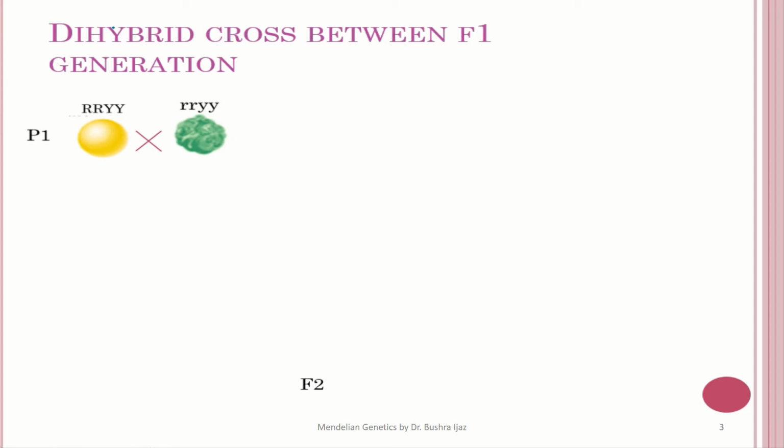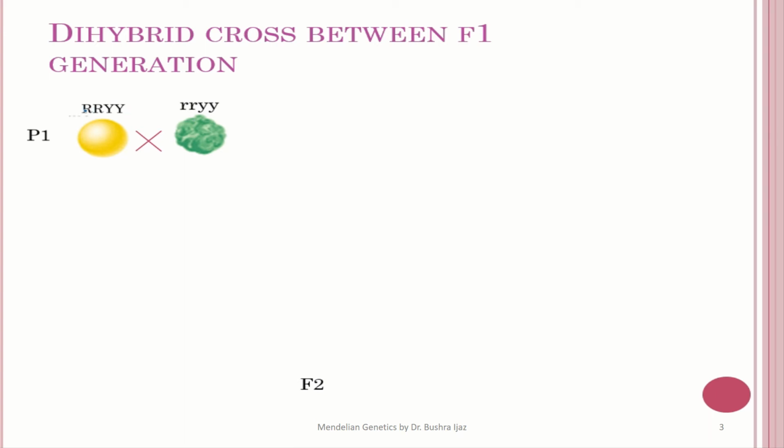Okay, so here you see this is the P1 generation and represented by capital R for the round shape, capital Y and capital Y for the yellow color. This parental generation is small r for wrinkled shape and small y for the green color.